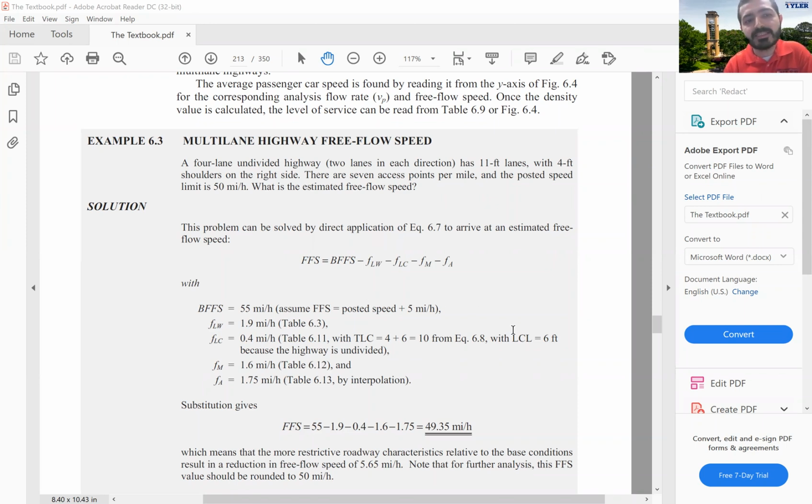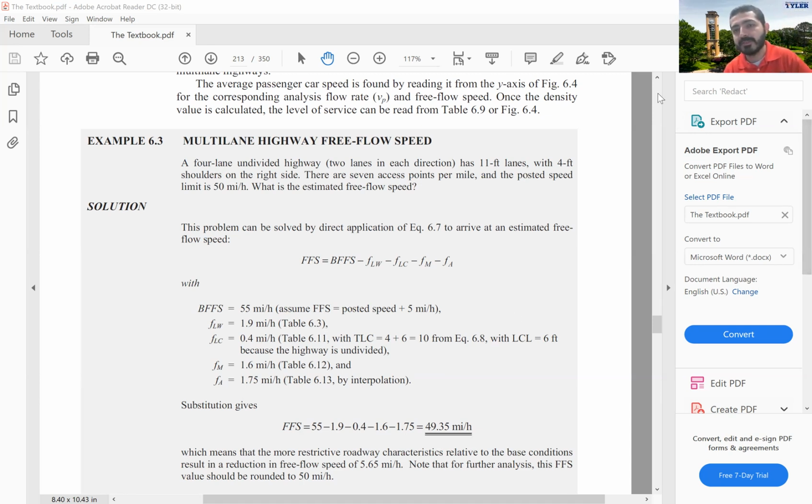So we have here example 6.3. It's a multi-lane highway, and we're getting the free flow speed off of that. In fact, you know what?